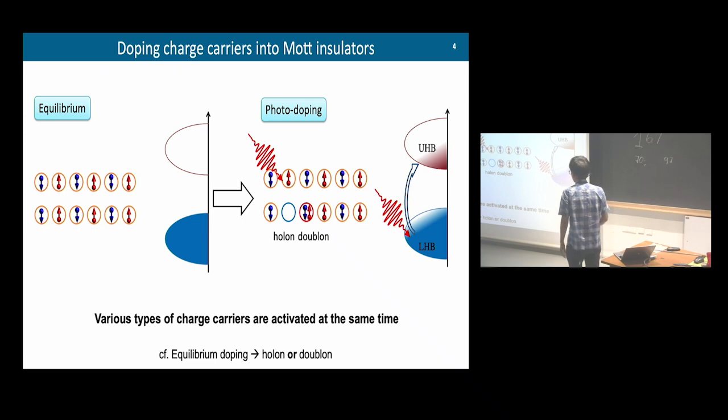So there are two different types of charge carriers. The crucial difference from the equilibrium case is that we now have two types of carriers instead of one, and this difference may lead to an intriguing phase that is absent in equilibrium.